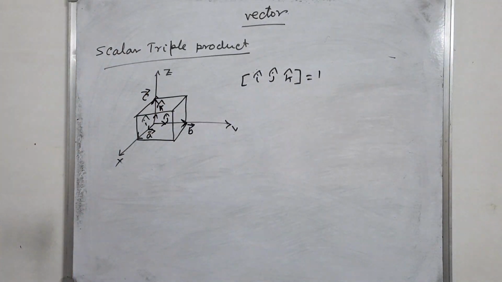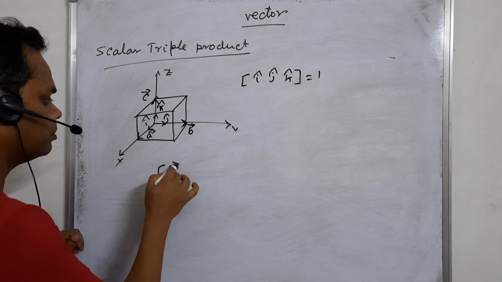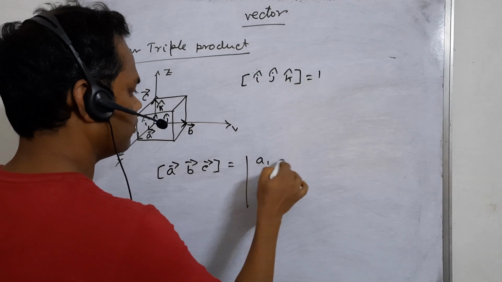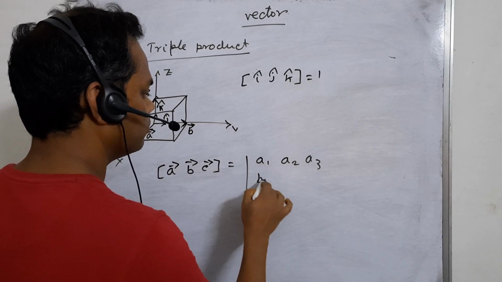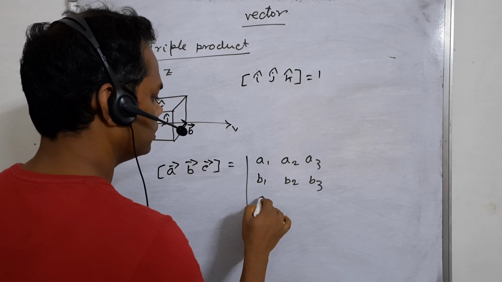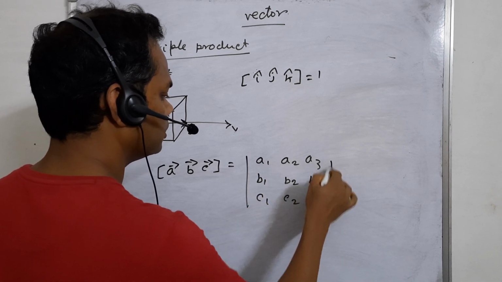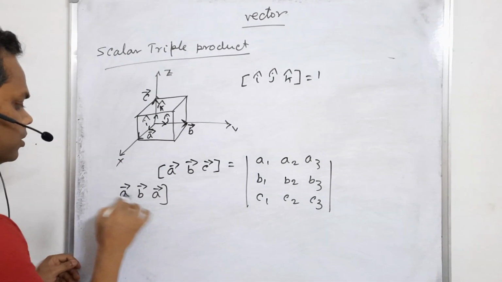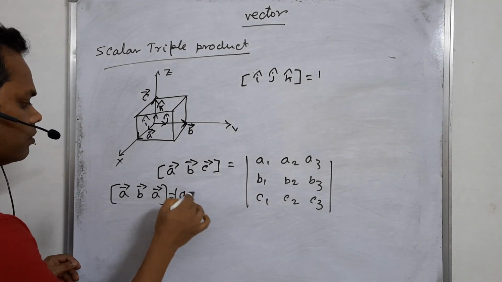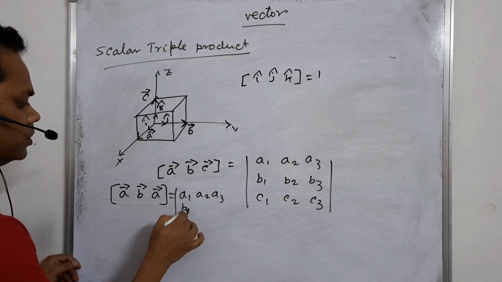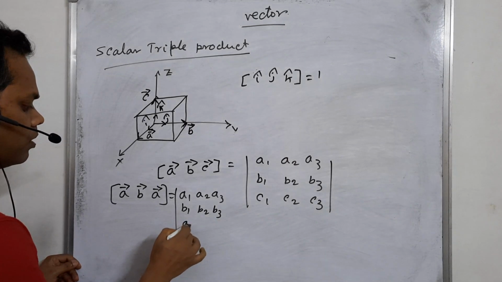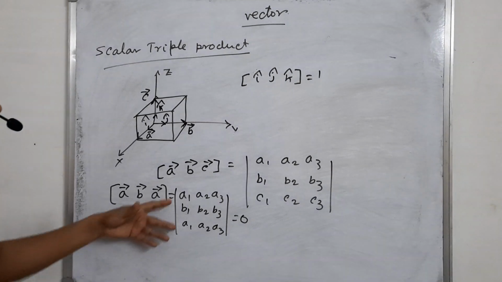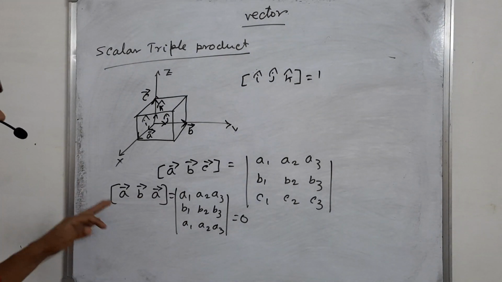And there is another thing: box ABC having values a1, a2, a3, b1, b2, b3, c1, c2, c3. If we have to find box of a vector, b vector, a vector, then it becomes a1, a2, a3, b1, b2, b3, a1, a2, a3, and the value of this determinant is 0 because two rows are identical.